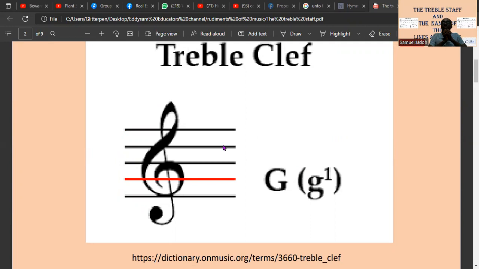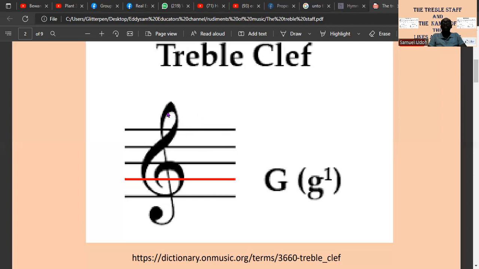You don't know which alphabet belongs to a line or belongs to a space. But what the clef does is that it fixes the notes on the staff. So when you have a note and you have a staff and a clef, your job is done because you're going to understand the notes that correspond to a line or a space on your staff.